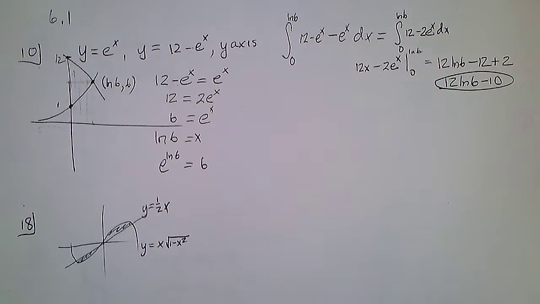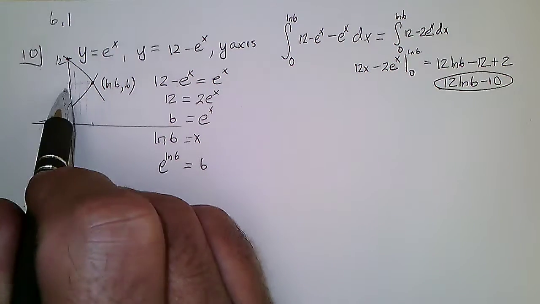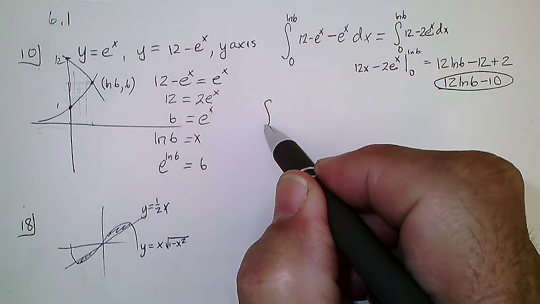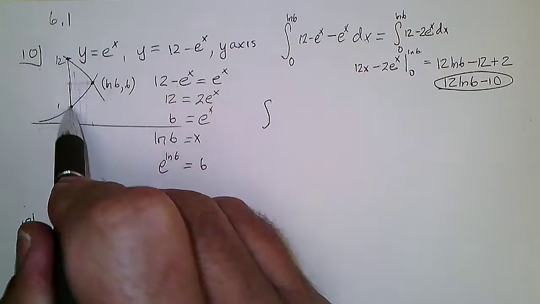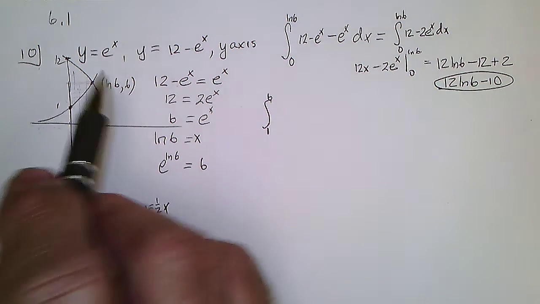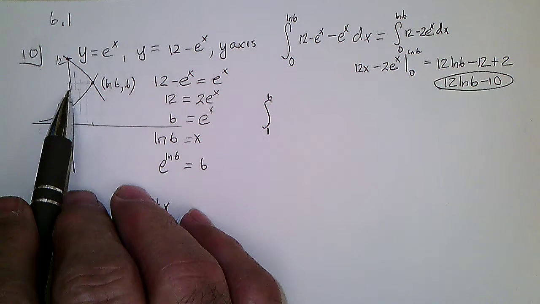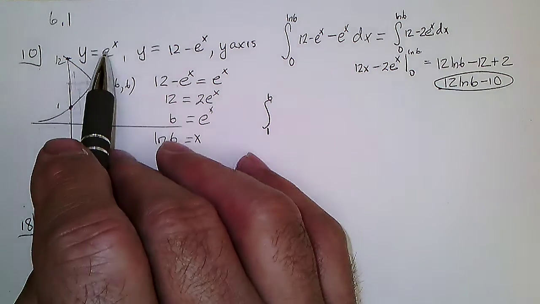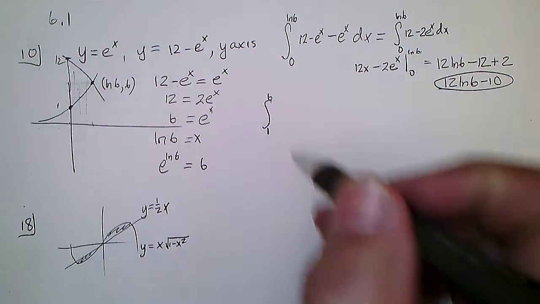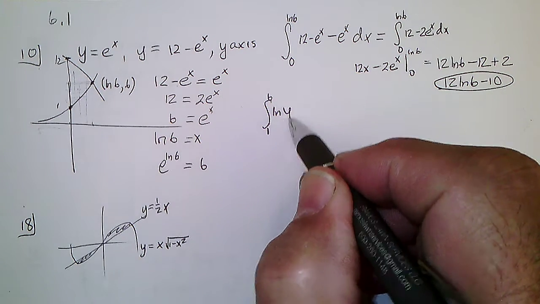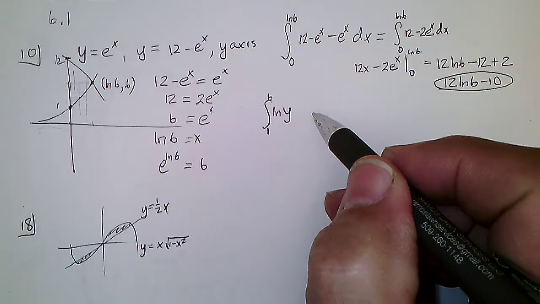Now, if we go the other direction, then we'd have the integral from 1 to 6, and I would just have from here to there, so I'd have to solve this curve for y, which would be ln y is what x is.